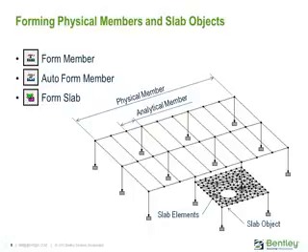In order to form a physical member from a group of analytical members, the analytical members must be interconnected and collinear, and the local axis of the individual analytical members comprising the physical members must be identical. In the RC Designer, designs of beams are performed on physical members, which are made up of one or more analytical parts. Physical members can be created manually by using the Form Member command, or automatically using the Auto Form Member command.